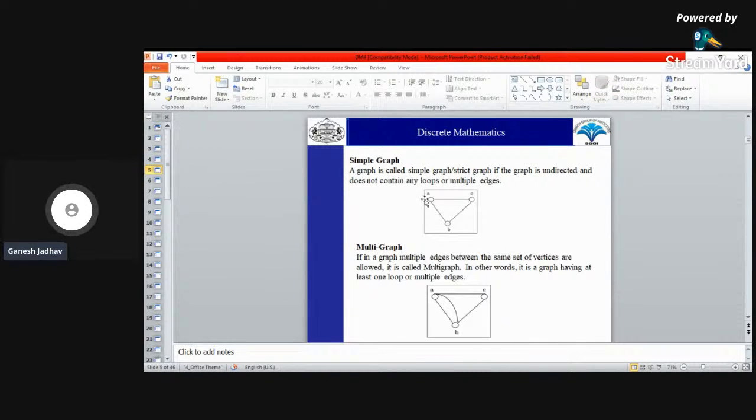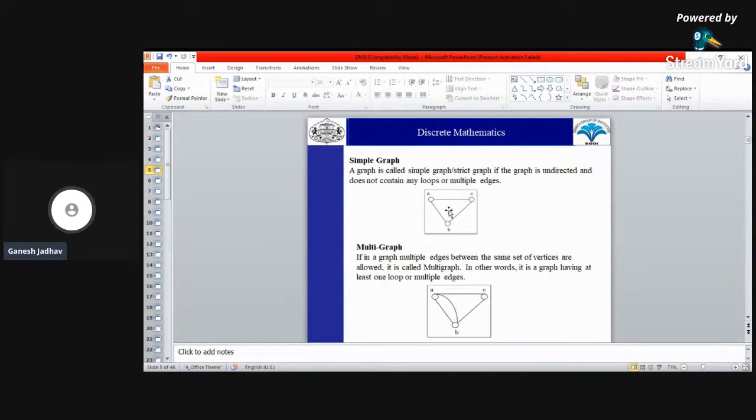Then another graph is the simple graph. A graph is called a simple graph or strict graph if the graph is undirected and does not contain any loop or multiple edges.